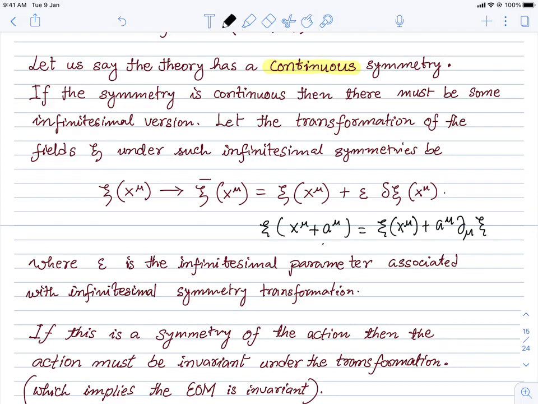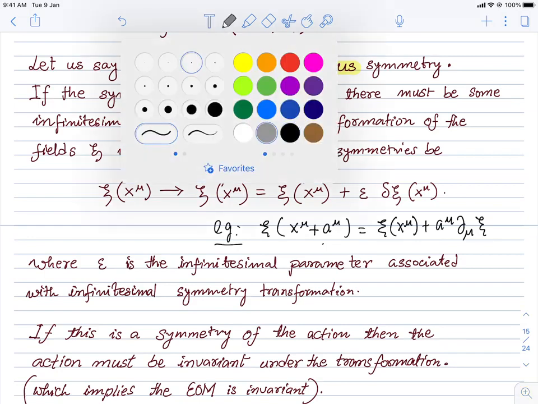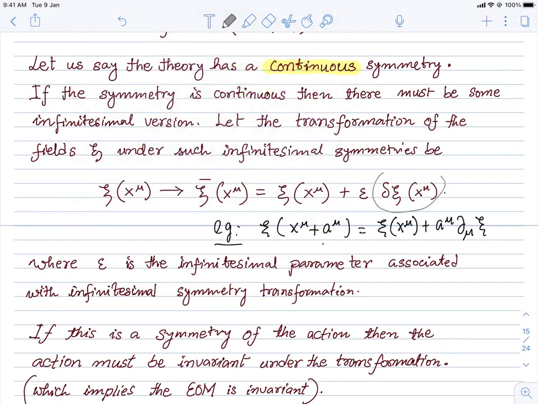This is an example. And in this particular case, this thing that I've written here, delta xi, is nothing but del mu of xi, corresponding to all the parameters.